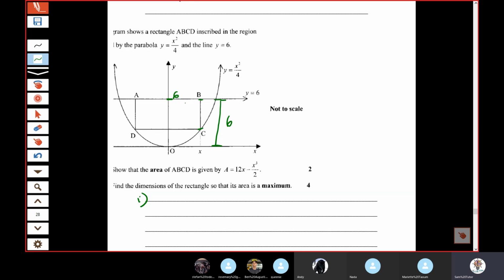You see that? What would you say is this length then? Not x. X is where it occurs.